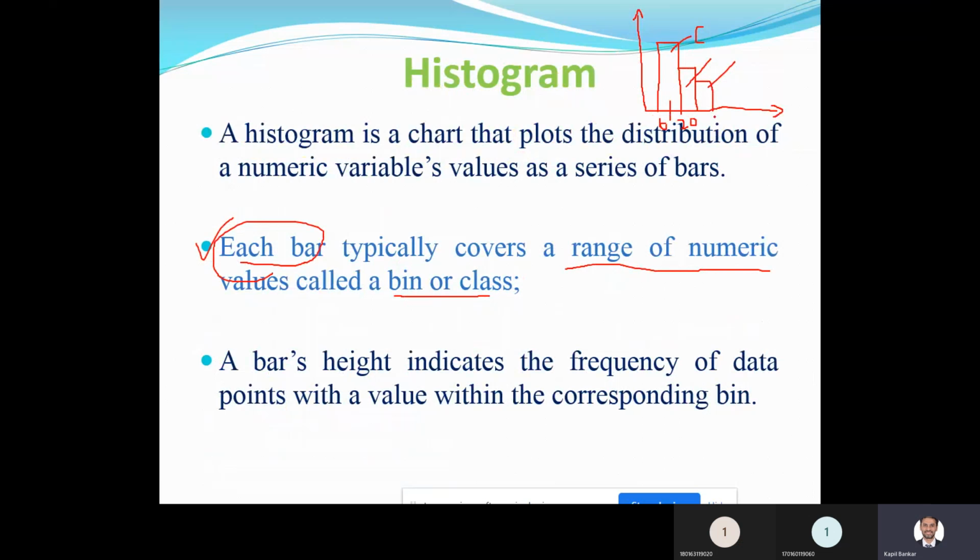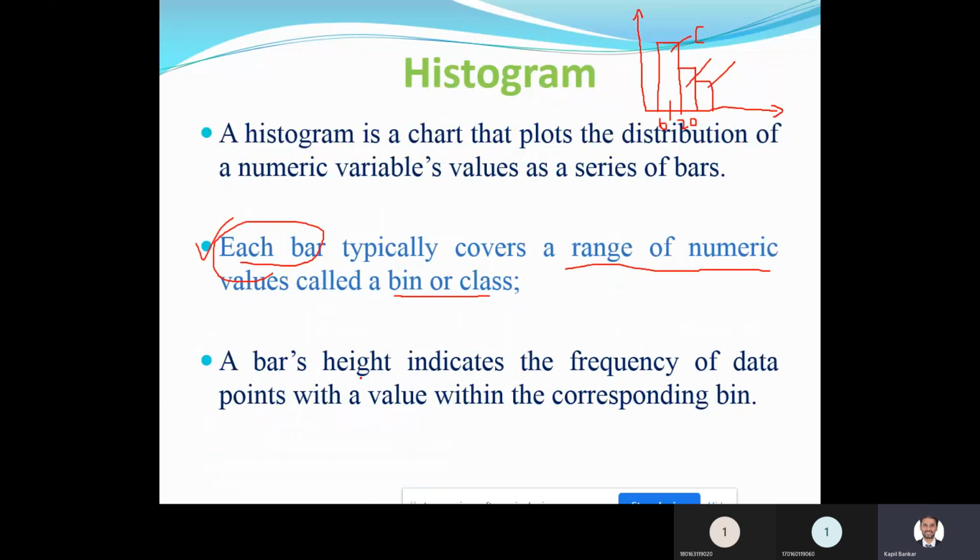So this is one range, 10 to 20. It may be some measurement, it can be a value. So each bar contains a range of numerical values, and this bar is generally known as a class.